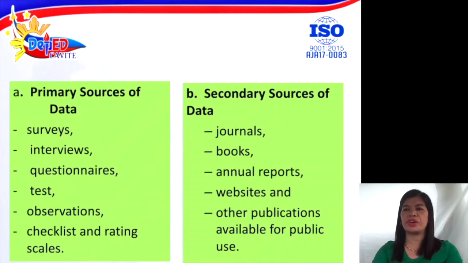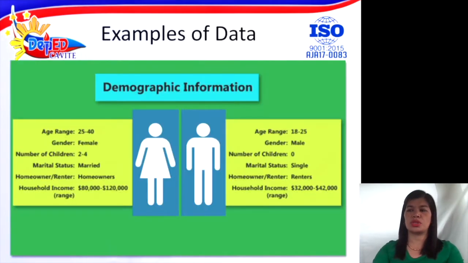These are the first-hand sources of information. But if you use journals, books, annual reports, websites, and other publications available for public use, these data are the secondary sources of data. These are second-hand data collected by an individual who is not the original user.